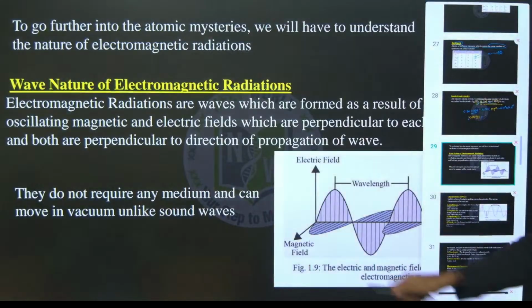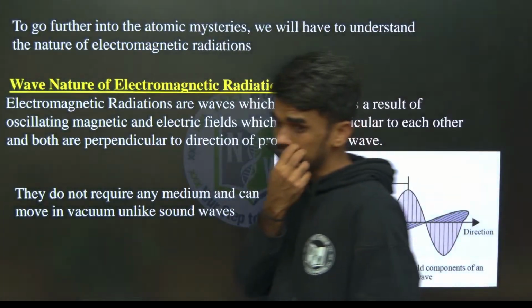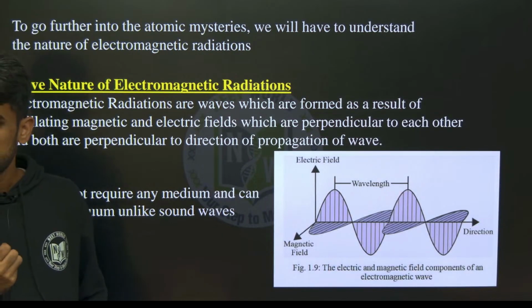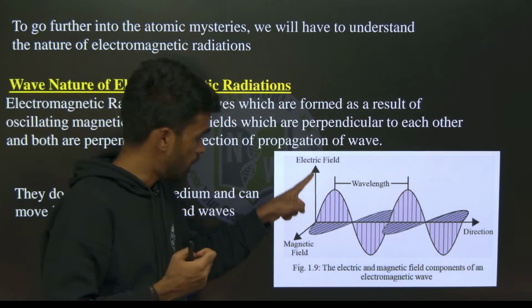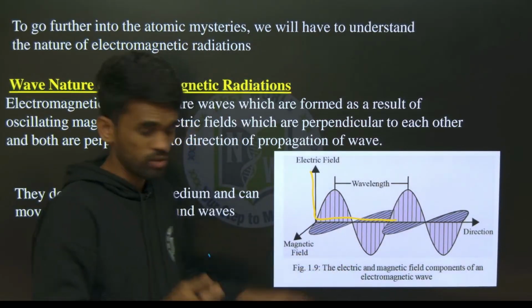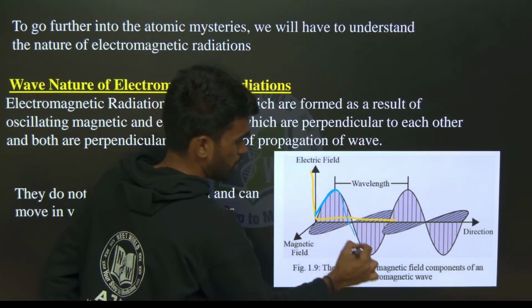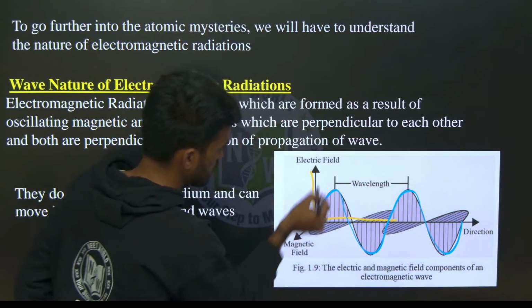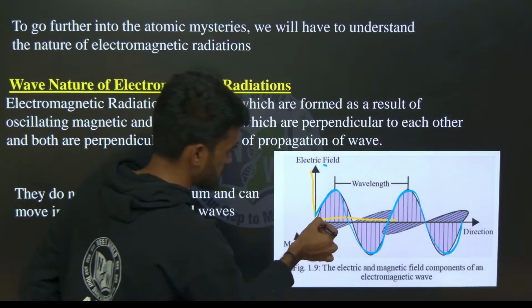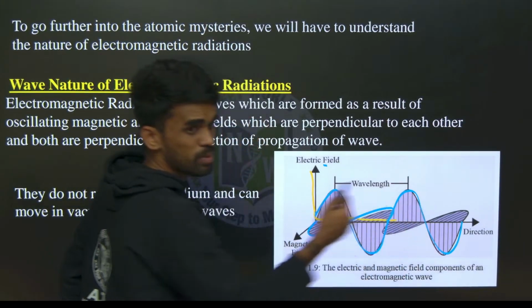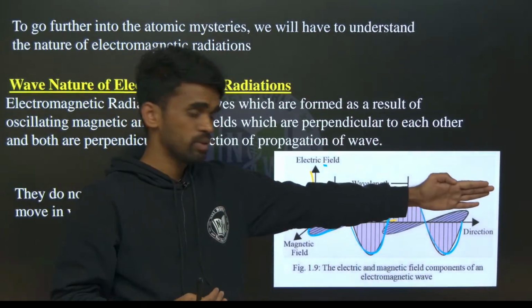Next, electromagnetic waves contain two components: an electric component and a magnetic component, which are perpendicular to each other, and they propagate perpendicular to their direction of propagation.